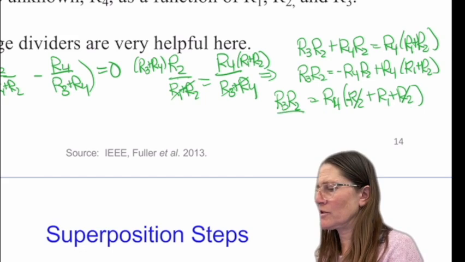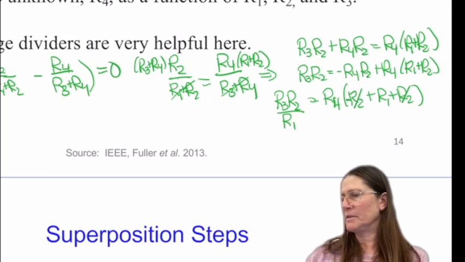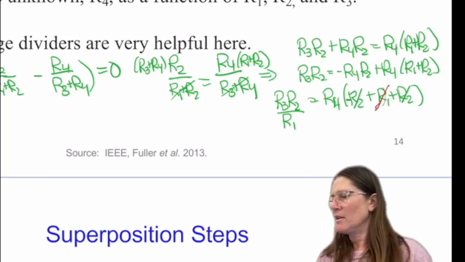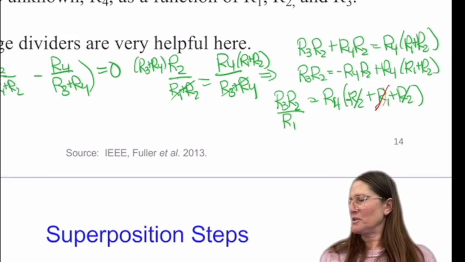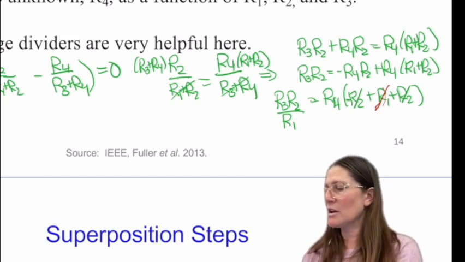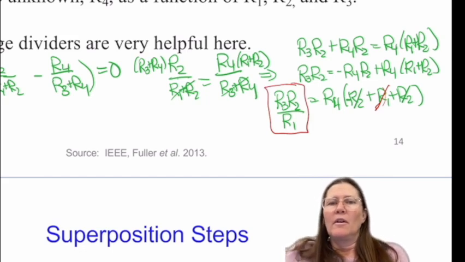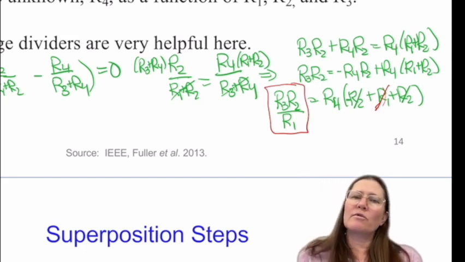And so you're just left with R1 division over there. I'll cross it off here. Okay, R4, R1 plus R2 minus R2. So the R4 is going to be R2 times R3 over R1.